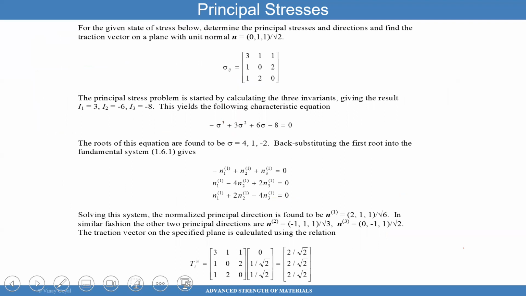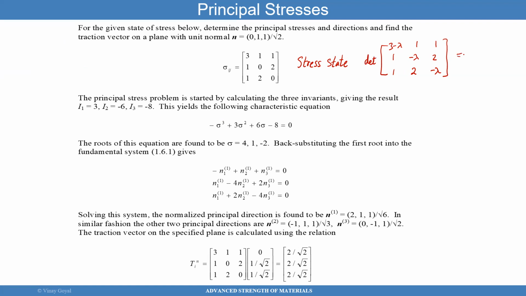To give an example from my book, I provide a stress state at a point, and that's this stress state at a point. And what I did there, I took 3 minus lambda, 1, 1, 1 minus lambda, 2, 1, 2 minus lambda. And I found this determinant and set it equal to 0.